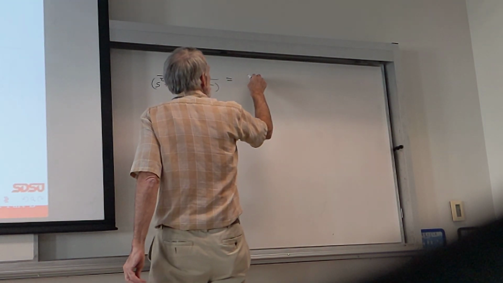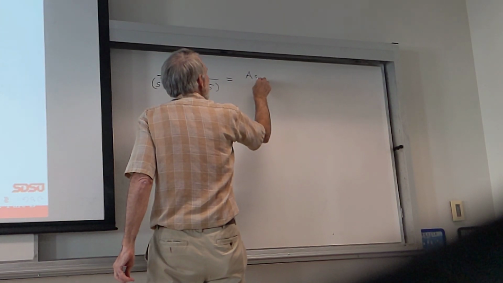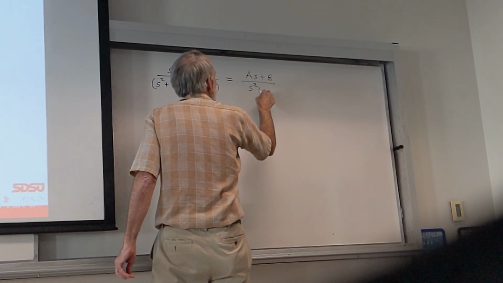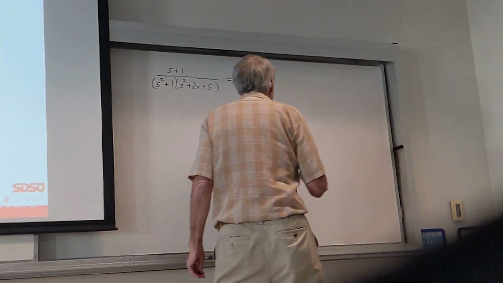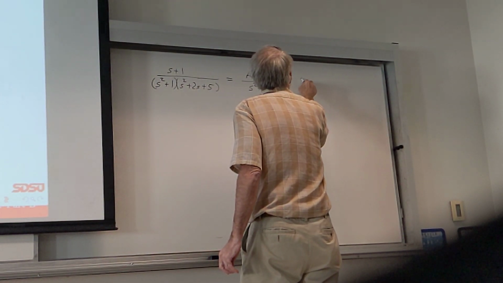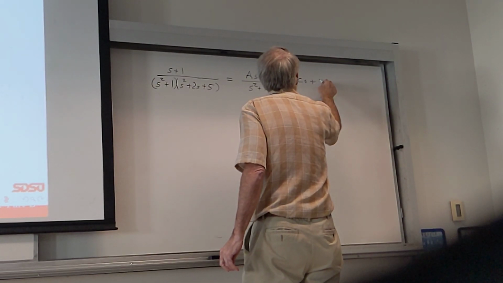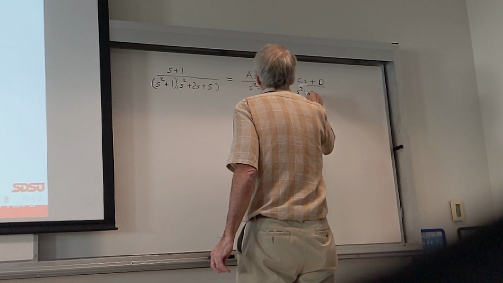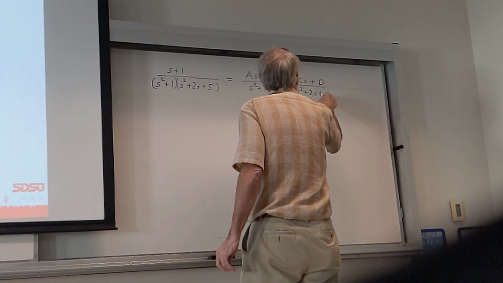So we would write this as as plus b divided by s squared plus 1, and then plus cs plus d all divided by s squared plus 2s plus 5.